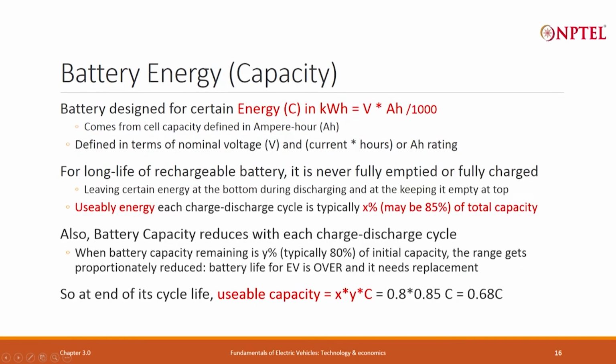In the beginning, it is X into C; over time it is X into Y into C. This is the beginning of life, the start of life, and this is the end of life, at EOL.